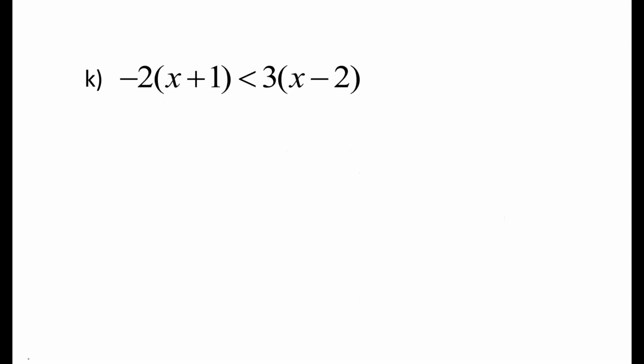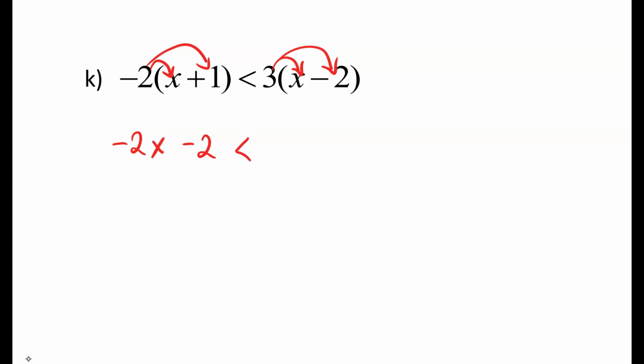K is our last one on here. And we have to distribute the properties here. So we have to distribute this -2 within and this 3 within before we can get going. So we have to do -2 multiplied by x, which is -2x. -2 multiplied by 1, which is -2.